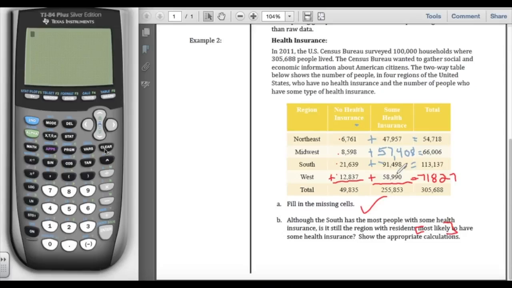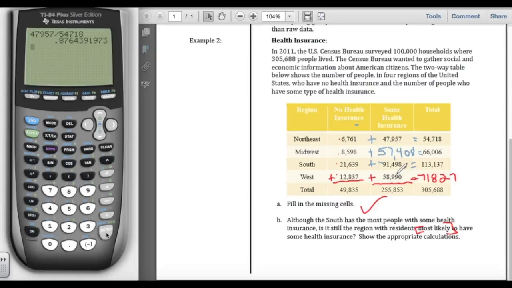So I could start with the Northeast to see what percentage has some health insurance. I would take the 47,957, divide it by the total in that region, 54,718, and that will give me 87.6%. So 87.6% of people in the Northeast have health insurance.